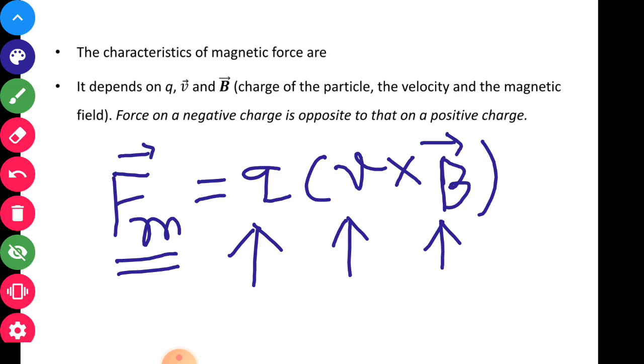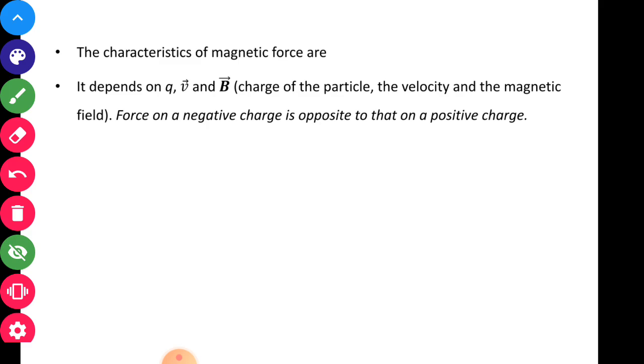Force on negative charge is opposite to that of the positive charge. If you want to find the force on negative charge, then it will be having negative direction or opposite direction to this positive charge.